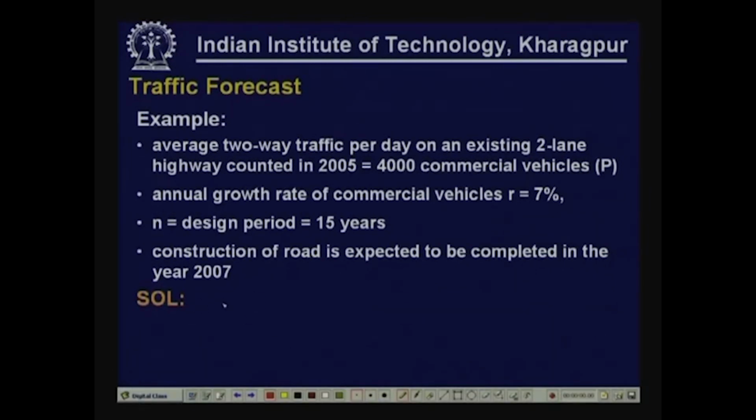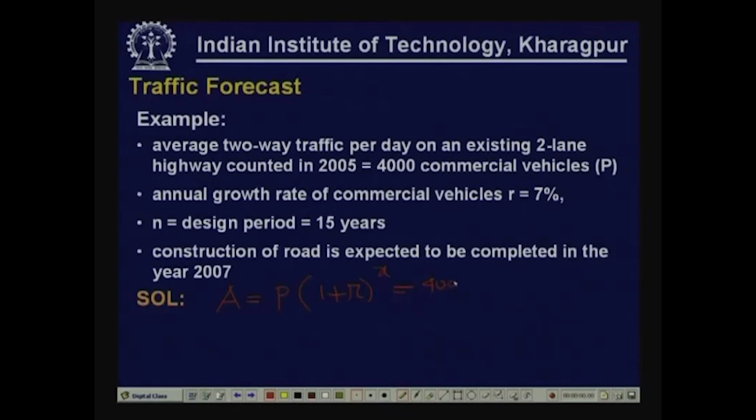So, for the cumulative traffic, first of all we will try to estimate what would be the traffic in the base year, that is, in the year of construction of the road, which is given as A into 1 plus r to the power x. A is the traffic that was counted in the year of count, which was 2005.